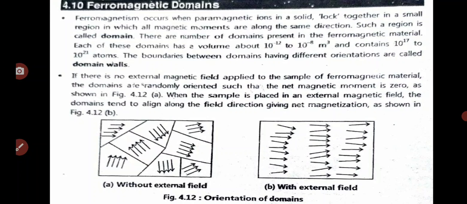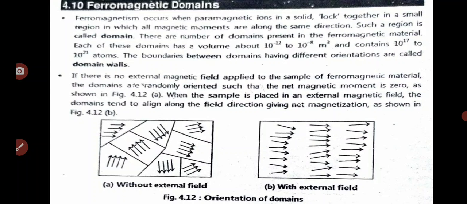With the help of domain theory we get a clearer idea of ferromagnetic material. Ferromagnetism occurs when the magnetic ions in a solid lock together in a small region with all magnetic moments along the same direction. Such a region is called a domain.